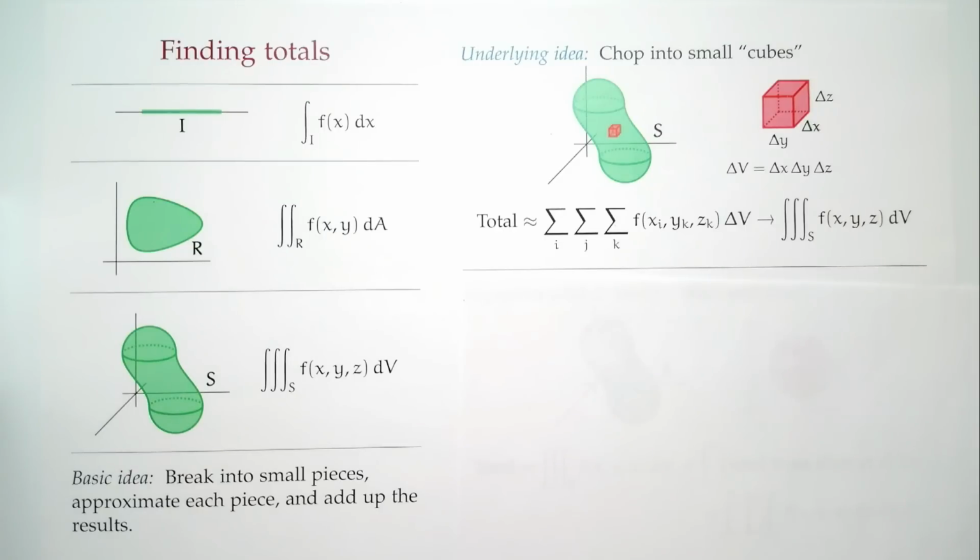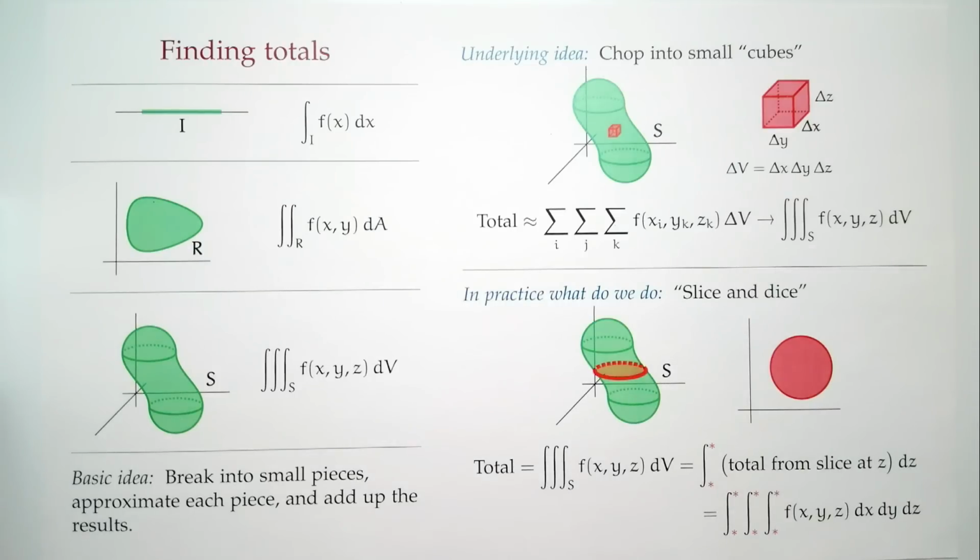Now, that's sort of the idea. What's the practice? It won't surprise you to discover we're basically going to do the same thing that we were doing before, which is slice things up and work in slices. We were doing this when we did our two-dimensional region. Instead of breaking things up into little tiny squares, first we broke things up into little tiny strips, and then asked what happens in each strip. Here, we're going to do the same thing.